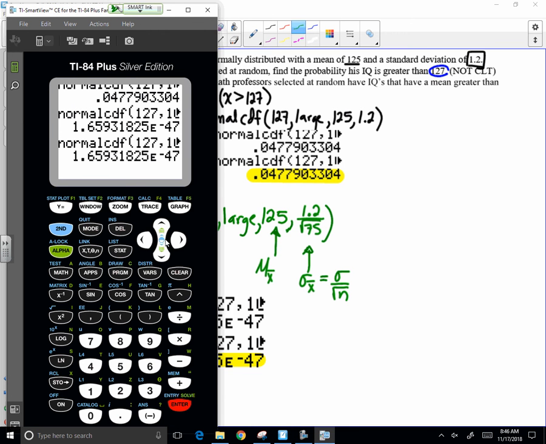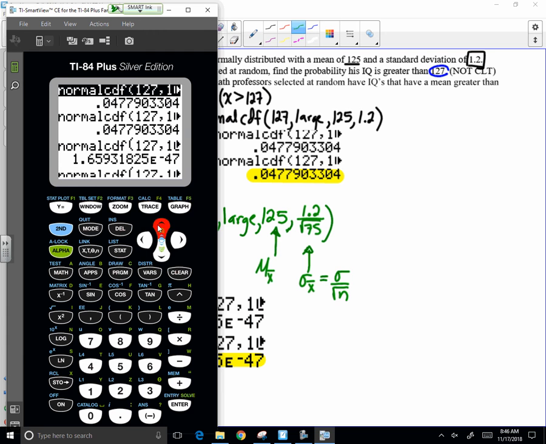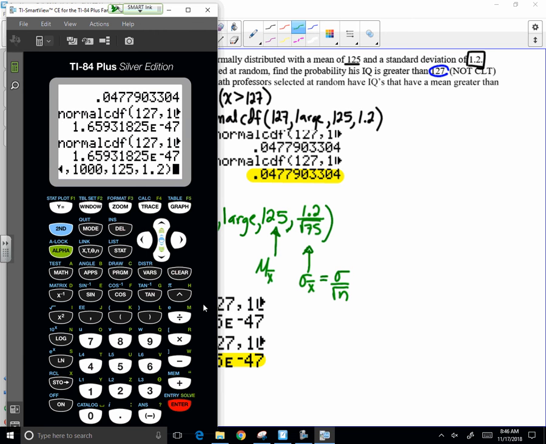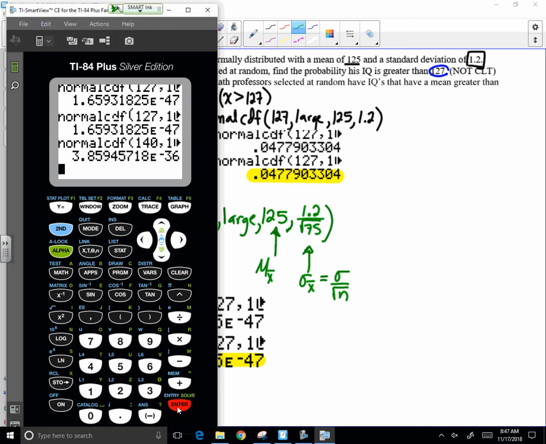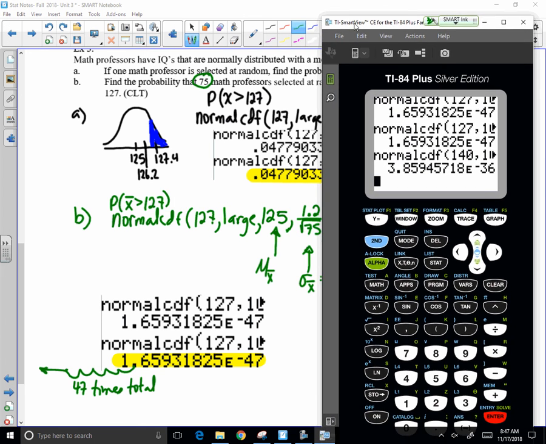But let's see, because that was something that I became interested in once I heard it. What would be the probability of having, let's just go with even one person being on the genius level if we're defining genius as 140? And that sounds like a reasonable enough number. Virtually impossible.